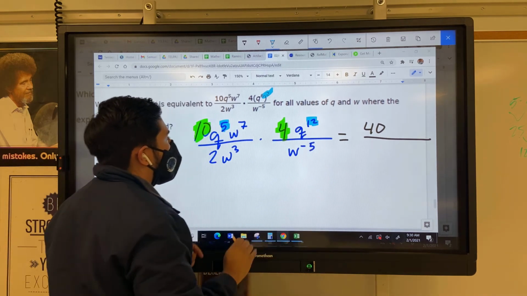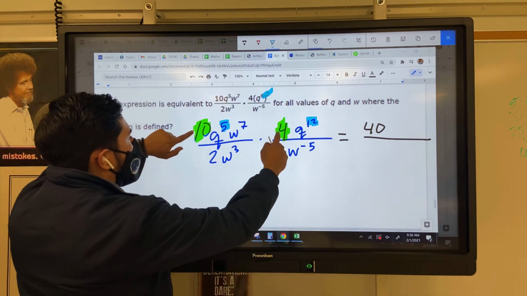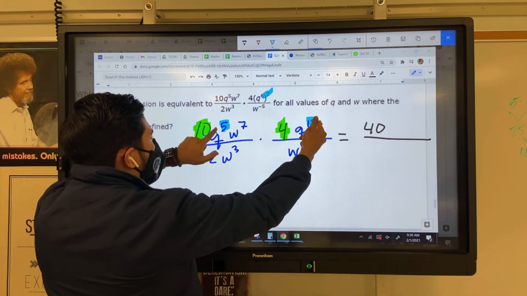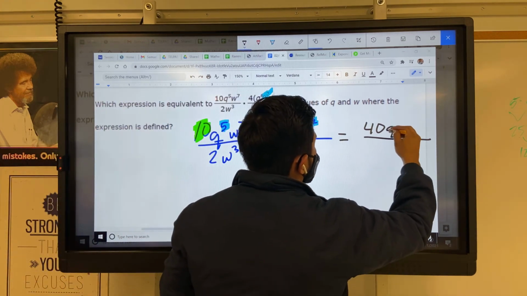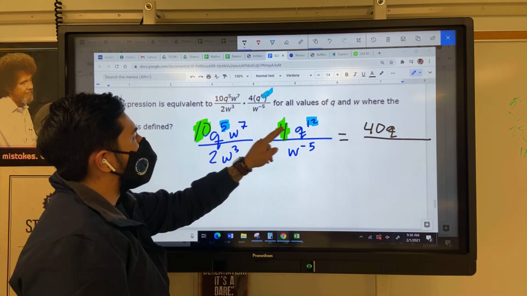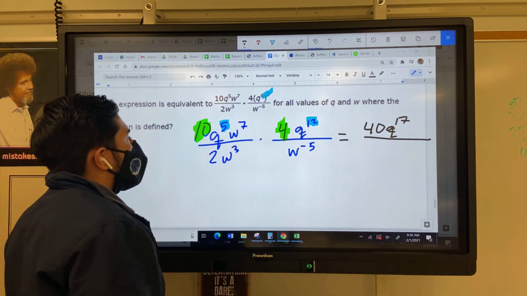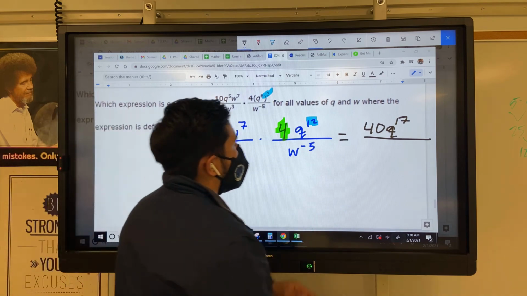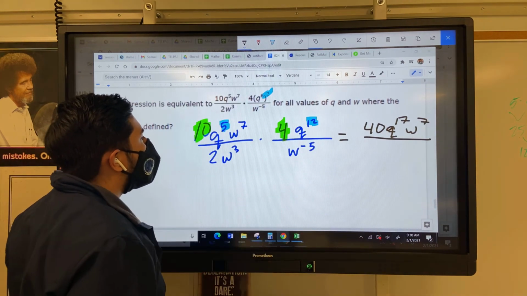What do I do when I'm going across like this? That's the product rule. Since we multiplied the 10 and the 4, that means I need to add the 5 and the 12. Man, it's a lot of stuff right here, ladies and gentlemen. I understand 100%. 5 plus 12 is 17. Next, I'm going to bring that W7 over because we don't have a partner upstairs in the numerator.